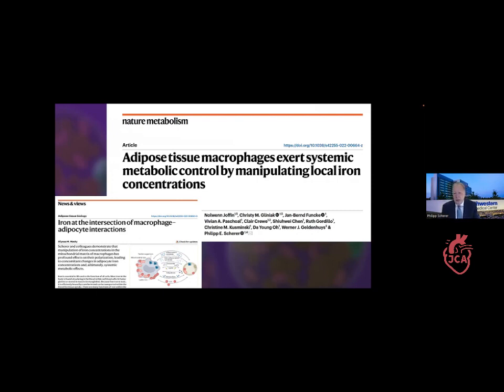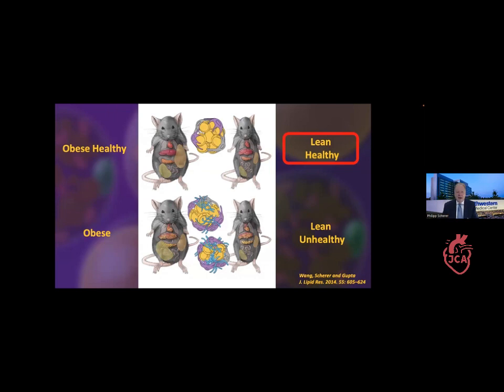Certainly macrophages play a major role. And again, these adipose tissue macrophages can be manipulated. Fat pads with altered macrophages can be transferred, and they can convey phenotypes from one rodent to the next by simple transplantation experiments of relatively small amounts of fat.